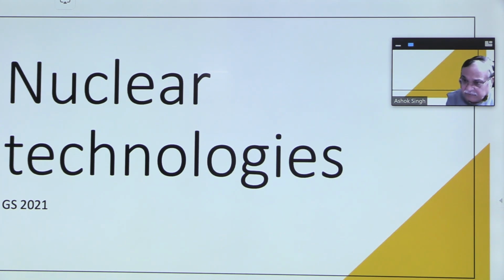One of the very important areas is nuclear technology. Renewable energy technologies have also become very important recently, where you deal with renewable sources of energy, solar energy, wind energy, etc.